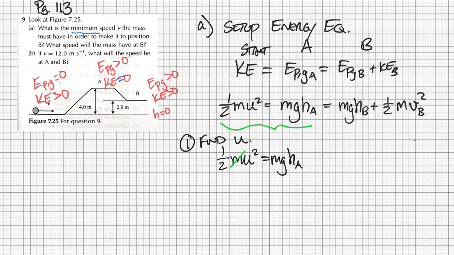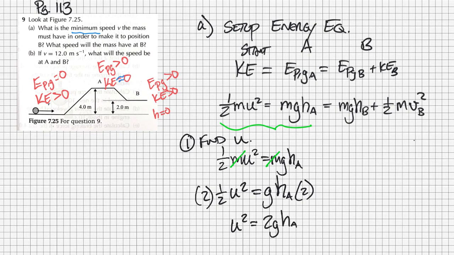So m's cancel out, and then I'm left with 1/2 u squared equals g h of A. Multiply each side by 2. I get u squared equals 2 g h A. And then obviously we need to square root that. So it's going to be the square root of 2 times 10 times 4.